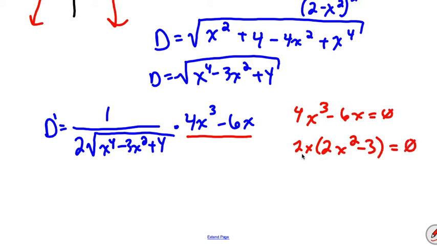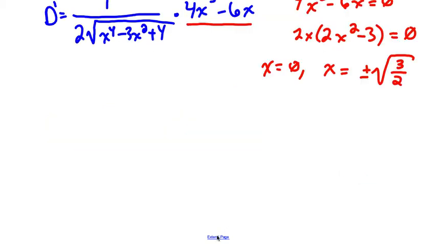So where is this 0? Well, 2x is 0 when x is 0. And 2x squared minus 3 is 0: set it equal to 0, add 3, divide by 2. You get plus or minus the square root of 3 over 2. Which you could rewrite as square root of 6 over 2 if you wanted. But again, like I said, it's not necessary to do that.